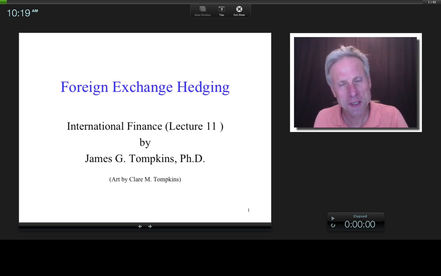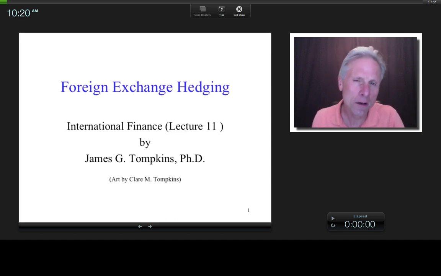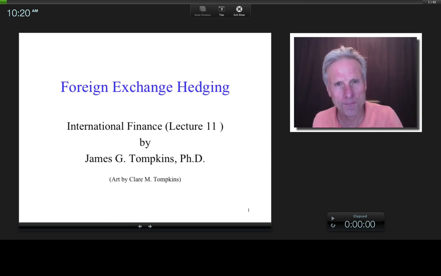And we've used that as a benchmark or a platform from which to also understand other reasons why currencies go up and down in value. You know, why does the Hong Kong dollar not change, and why did the Zimbabwe dollar basically go bankrupt, etc. So the second half of this class is going to look at managing this risk, not only in the short term but also the long term.